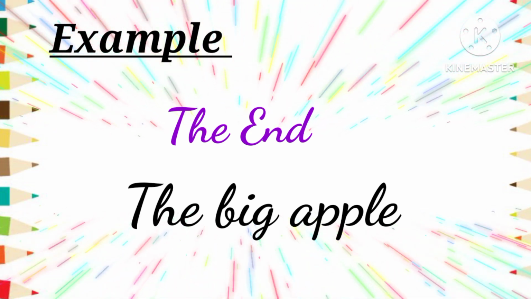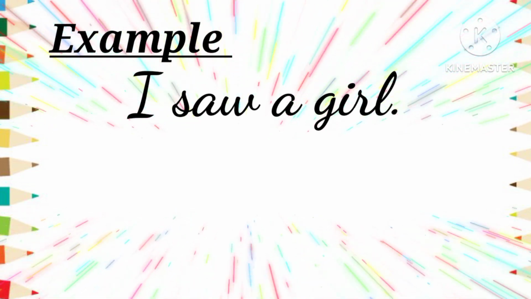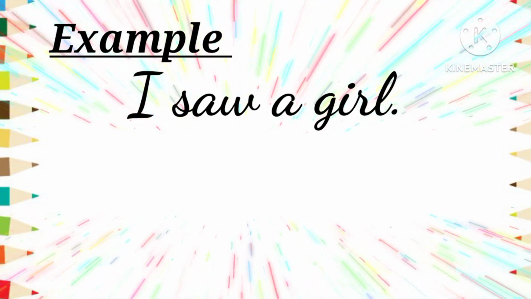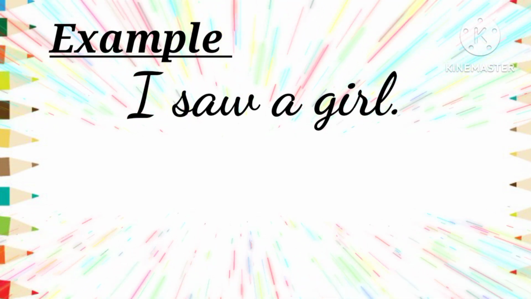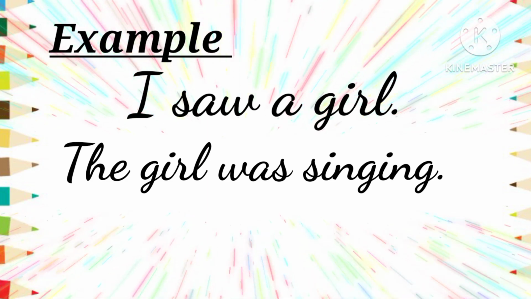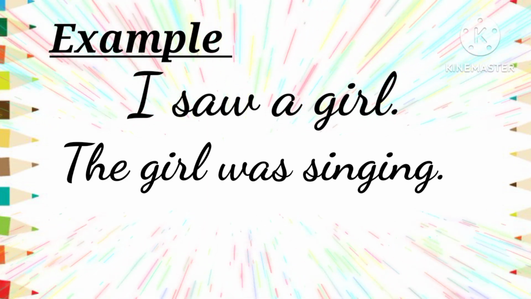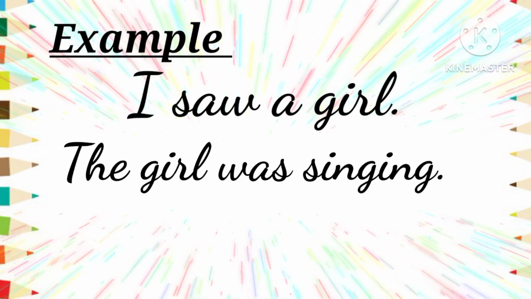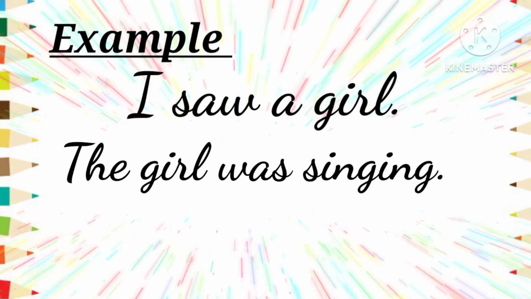Here is another example. I saw a girl. In this we use a before girl, which is a noun. Here it is a common girl, that's why we use a. Now: the girl was singing. In this sentence I use the before girl, which is specific, because I told you earlier that I saw a girl.